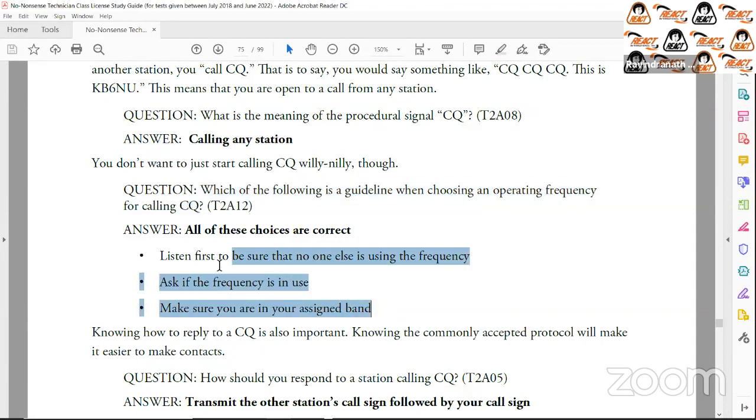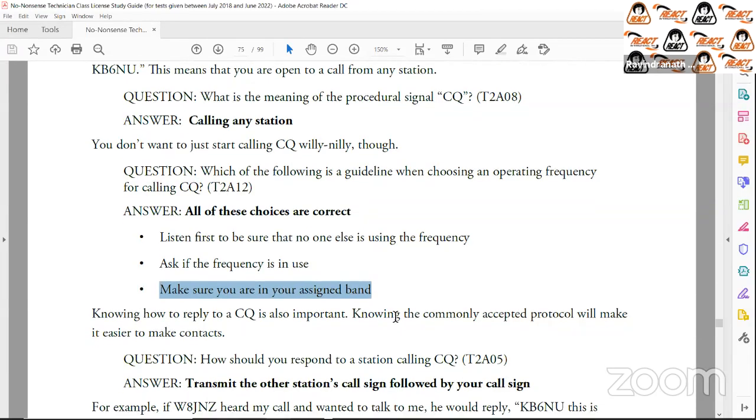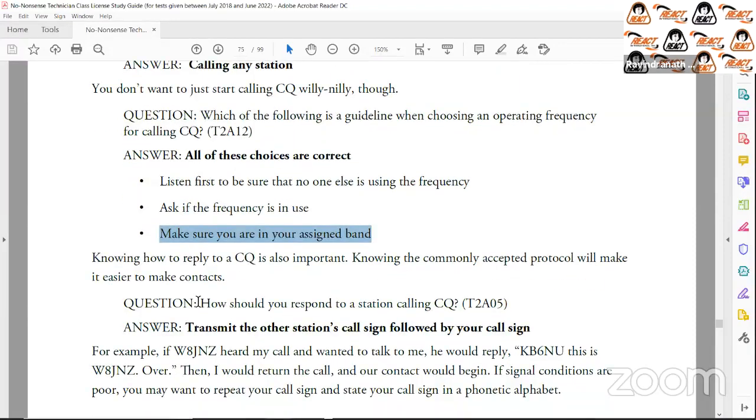Well, all of these answers are in fact correct. First, listen to be sure that no one else is using the frequency. Kind of seems to be common sense, so it makes sense, yes? Next, ask if the frequency is in use. Then, make sure that you are in your assigned band, that you're using the correct frequency based on the license that you have as an amateur.